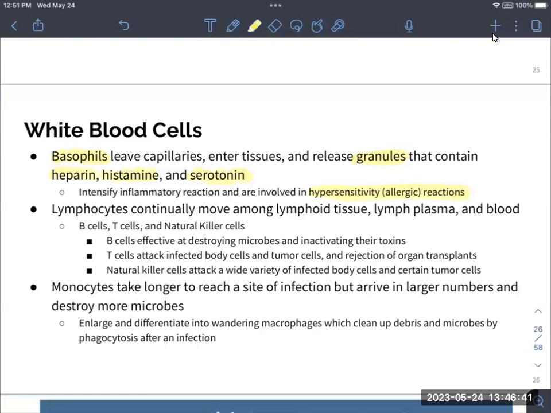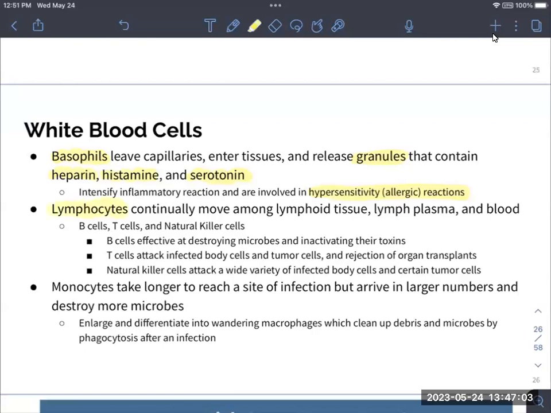So if you're allergic to pollen, dust, pet dander, any of those things, these basophils are working hard when you get those different reactions.